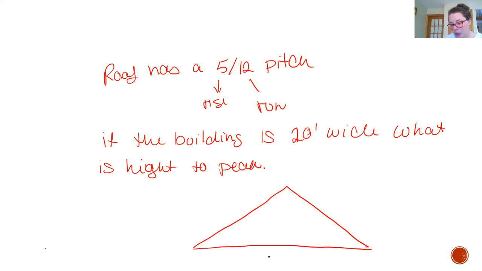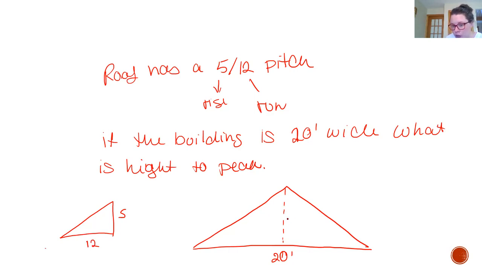Now we have to be a little bit careful when we do these ones. We have 20 feet across the bottom, but whenever you do pitch, the run is only half. It goes to the highest point. So when we do pitch, we're looking at a small triangle like this one, where we have a rise of 5 and a run of 12.